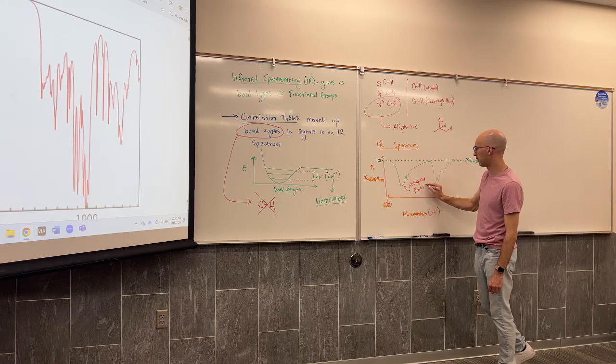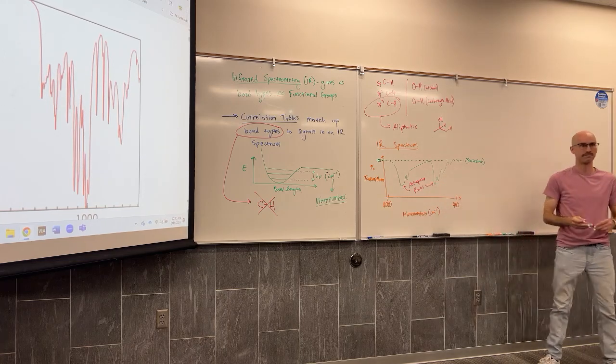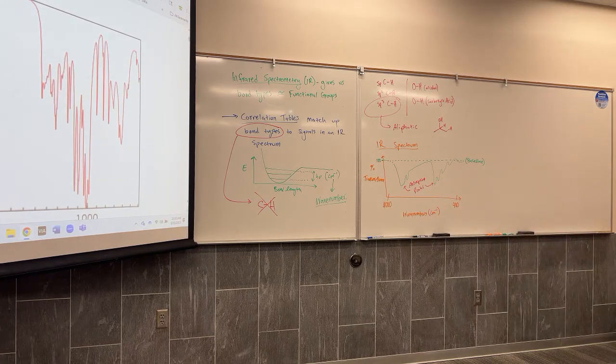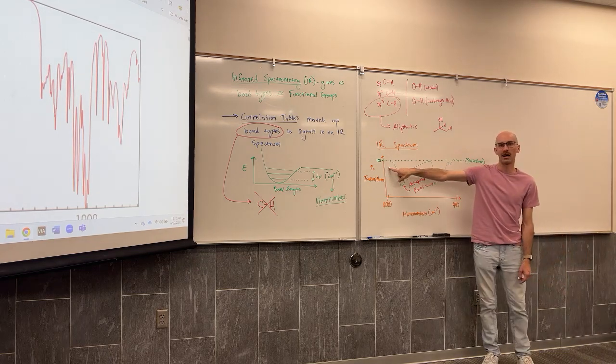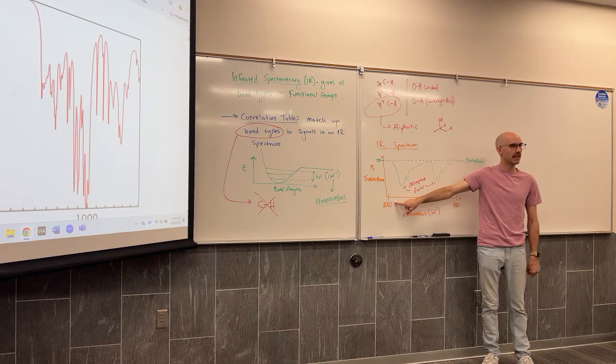I know some people like to think of them as an absorption valley because it's not a peak. But I think by definition, calling it an absorption peak against transmittance is actually correct.